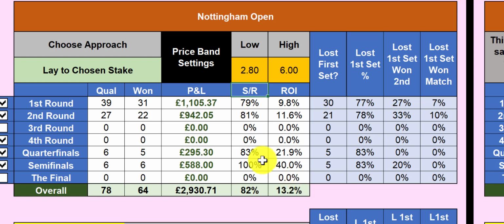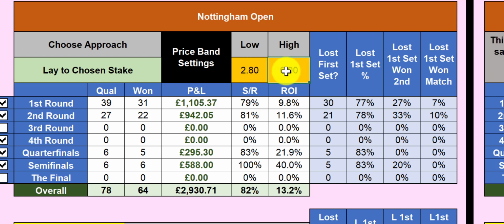But we now know that if we want to trade this tournament, Nottingham, in the first round or the second round, our trading qualifiers are going to involve players between 2.8 and 6, and we're going to be looking to oppose them, and that could be opposing them from the start, it could be opposing them after the first break of serve, it could be opposing them if they win the first set. It all depends on your strategy and what strategy you feel comfortable with.